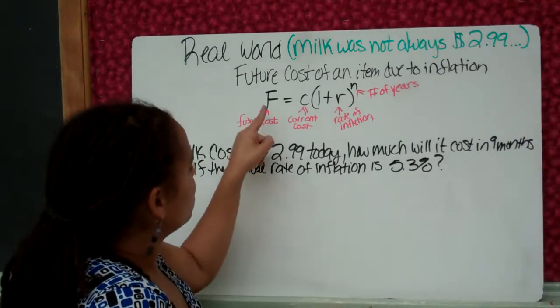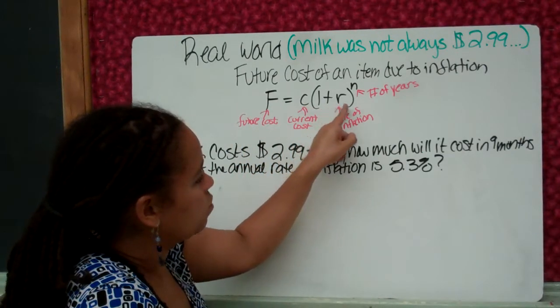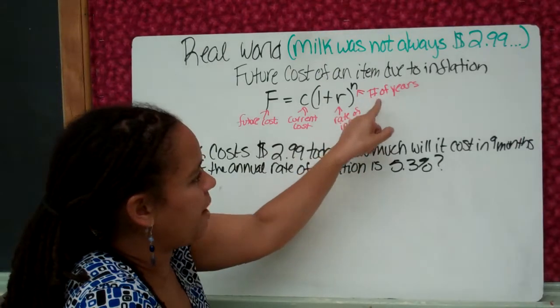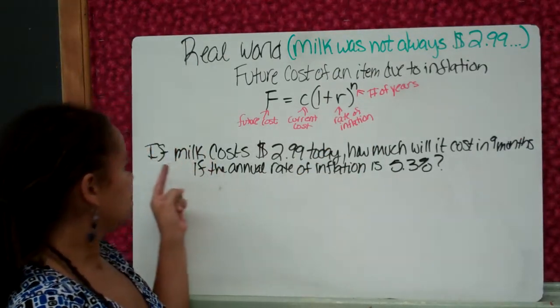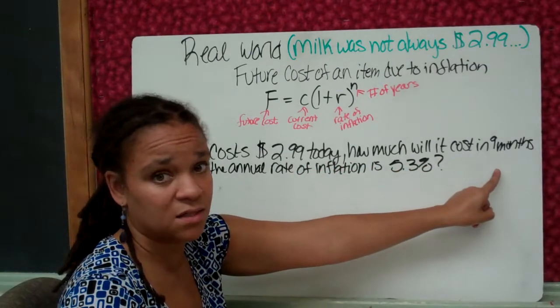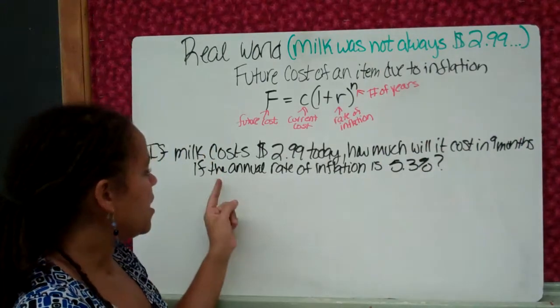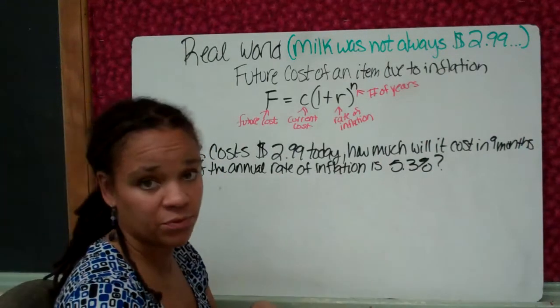But anyway, the future cost of an item is the current cost times 1 plus the rate of inflation to the power of n, however many years it is. So if milk costs $2.99 today, how much will it cost in 9 months? Well, we should expect that based on inflation, it should be more if the annual inflation rate is 5.3%.